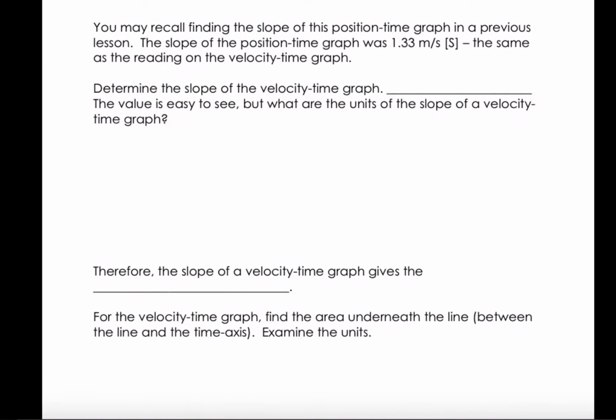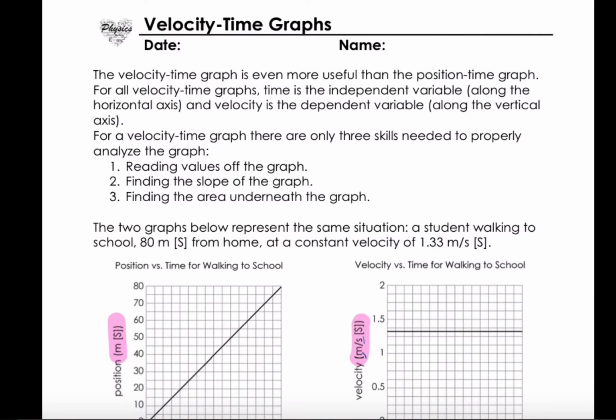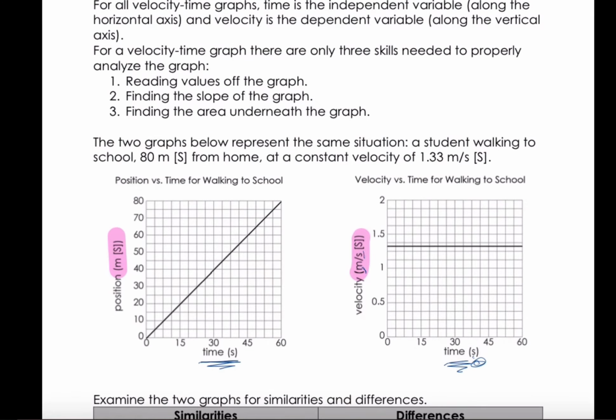Moving on, you may recall finding the slope on a position versus time graph in the previous lesson. The slope of this position versus time graph was 1.33 meters per second south. So that is what we're reading on the velocity versus time graph.